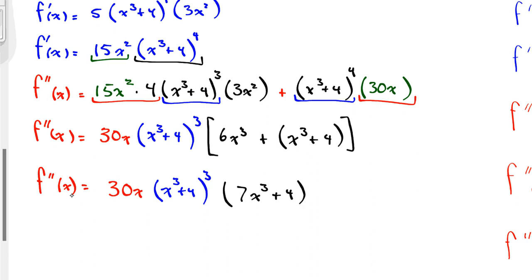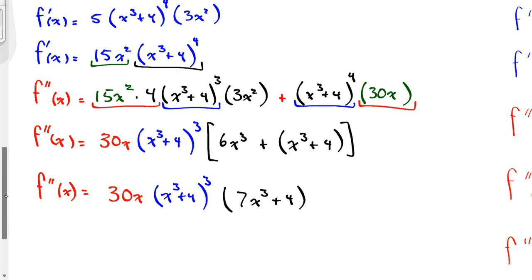Negative 2x, no, wait, the negative is with this one. You minus X. Any questions with this example?